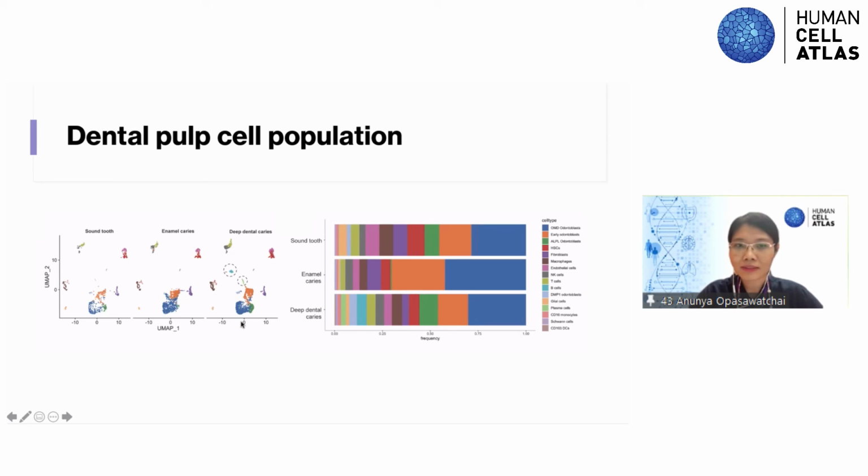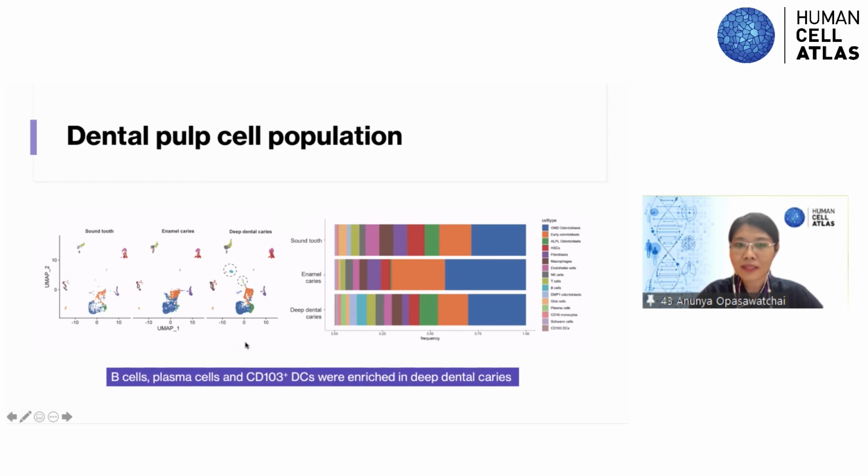These extra clusters are actually B cells, plasma cells, and CD103-positive dendritic cells. During homeostasis, some immune cells are already in the dental pulp, such as T cells and macrophages, but these B cells, plasma cells, and CD103-positive dendritic cells only infiltrate the pulp in response to deep dental caries.